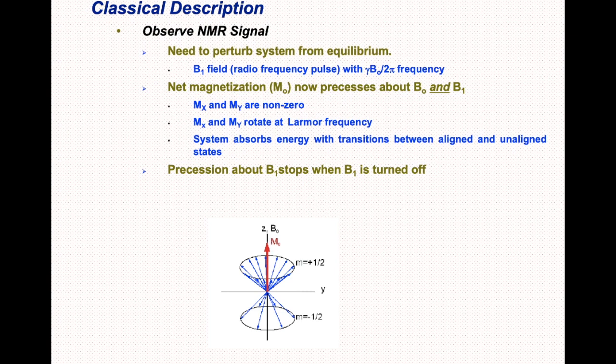Further, this net magnetization vector is precessing about the applied field direction with what we refer to as the Larmor frequency. So the whole picture is what is referred to as thermal equilibrium.